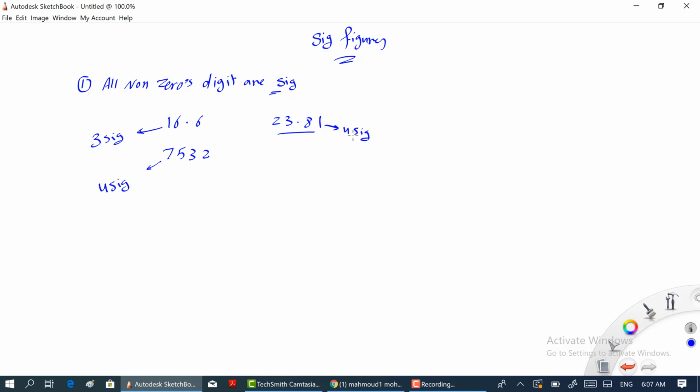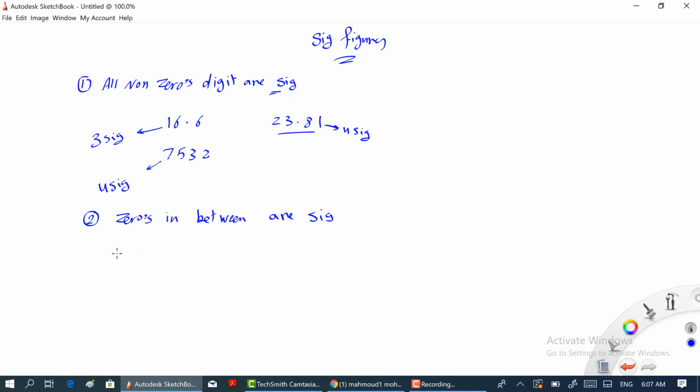Return back to the zeros. Leading zeros are the zeros at the left. Start firstly with the in-between zeros. Rule number 2: zeros in between are significant.